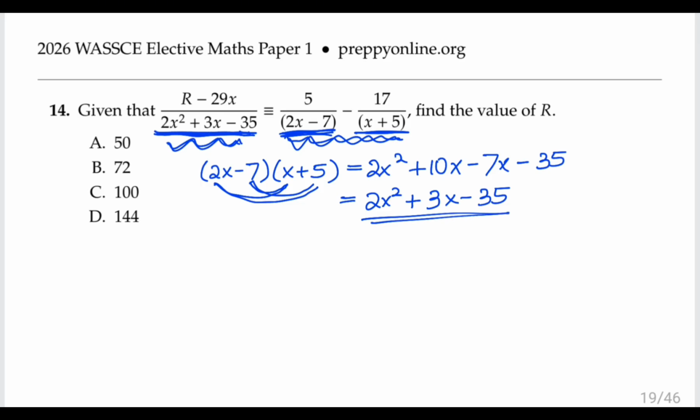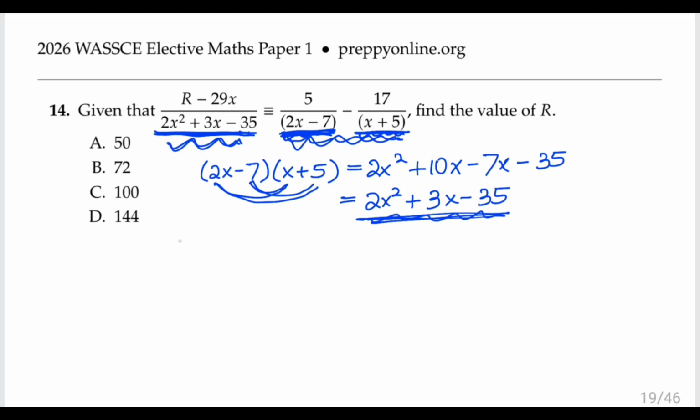What that means is that these two terms, 2x minus 7 and x plus 5, are the factors of this expression. So if we multiply both sides by this expression, then we can cancel out. So let's do that.